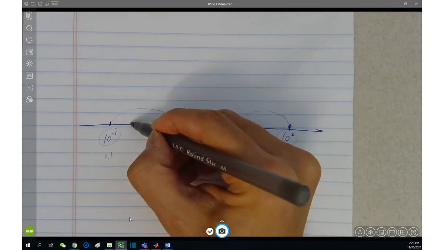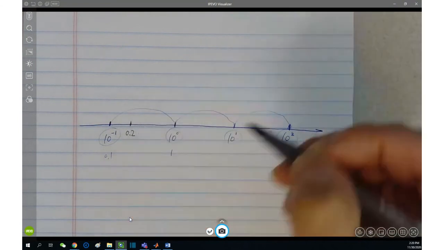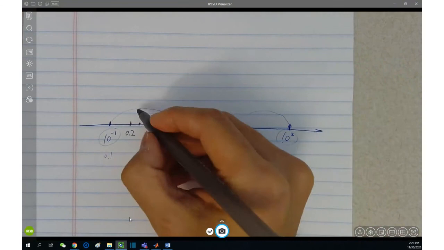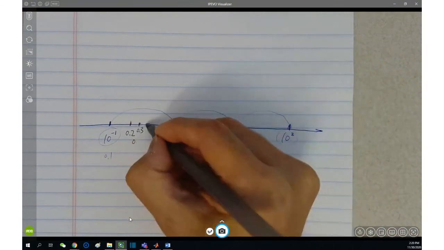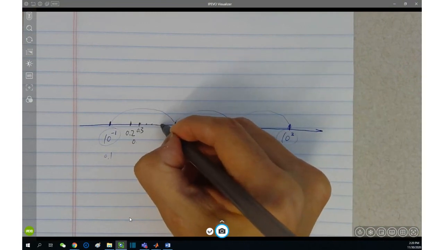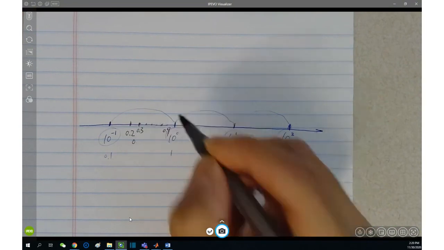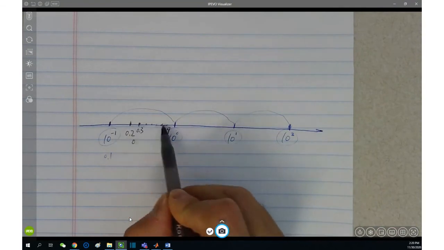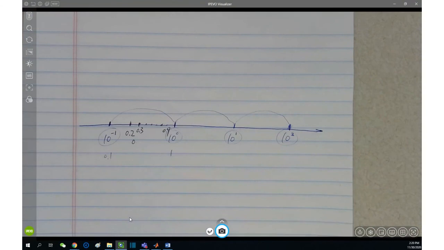This point is almost, this is 0.2. 0.3 is less. 0.3, 0.5, 0.6, 0.7, 8, 9, and so on and so forth. So the distribution of these divisions within 10 times is actually nonlinear.